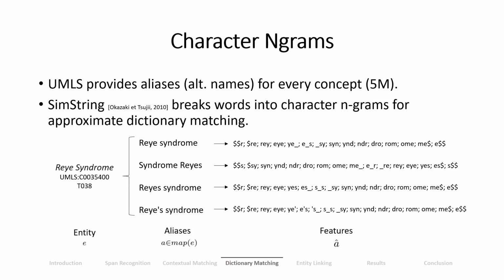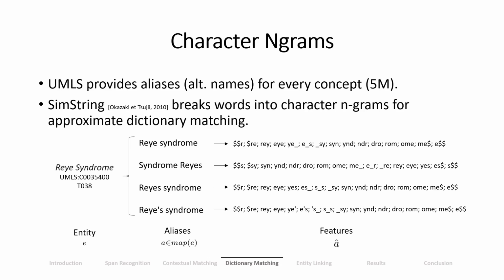Our other matching method explores character n-grams. We take advantage of the fact that UMLS provides a large set of alternative names for every concept. Using SimString, we break words into fixed size character n-grams, trigrams in particular, that can be used for approximate dictionary matching. So for instance, the concept for this syndrome has 4 name variations.